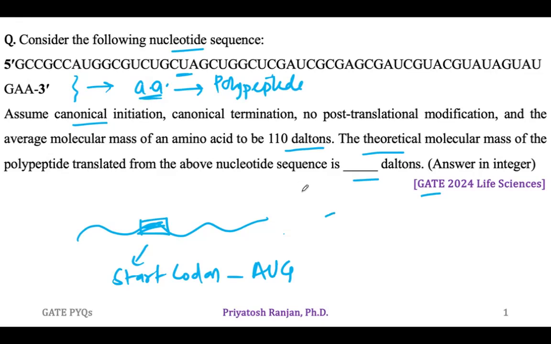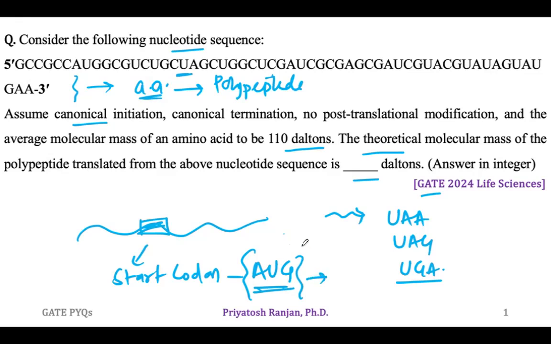Similarly, the process of translation terminates at a specific set of nucleotides, which could be UAA, UAG, or UGA. So the first thing, we need to figure out the presence of AUG at the 5' end, and then we need to move in a specific reading frame until we encounter any of these three stop codons.